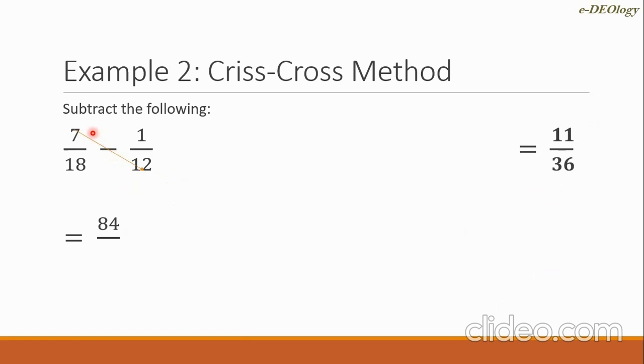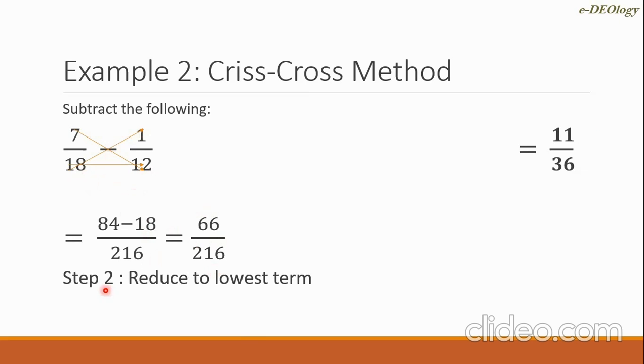I multiplied 7 and 12, I get 84, minus multiplying 18 by 1 is 18. Then multiply 18 and 12, I get 216. Then the difference on top is 66 over 216.